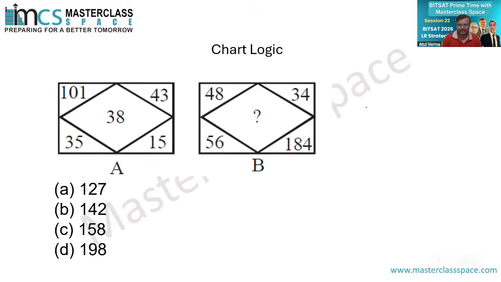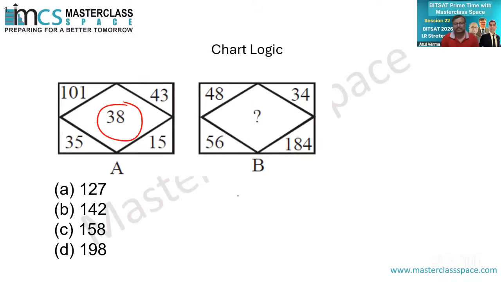The first question is about, you can see, one box with a certain set of numbers, another box is also there, and you have to fill in the question mark. You would definitely want to try various methods.